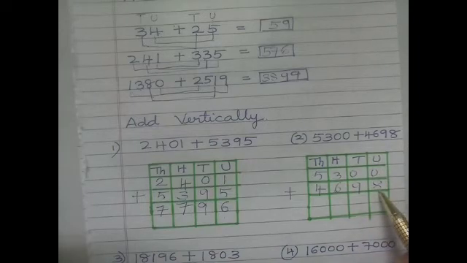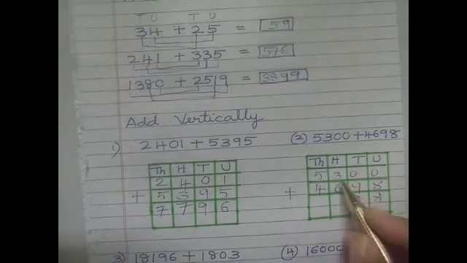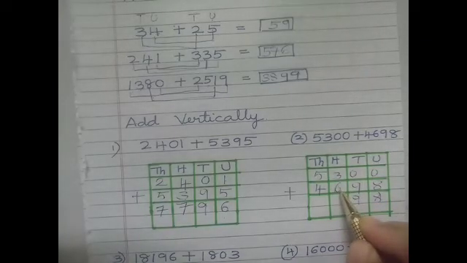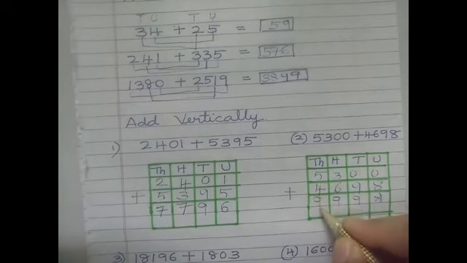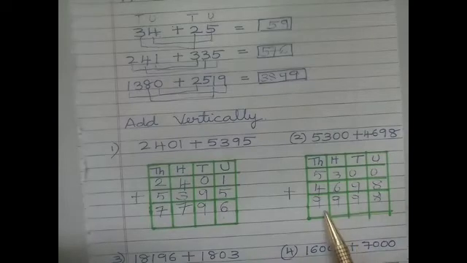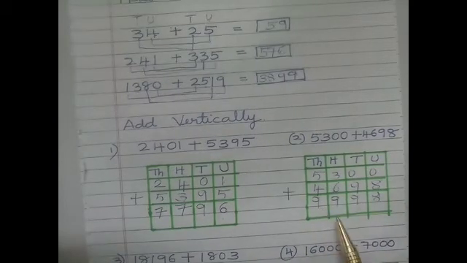Any number added to 0 is the same number. We get the answer, the same number. So it is 8. 0 plus 9 is 9. 3 plus 6 is 9. And 5 plus 4 is also 9. So the answer is 9998.